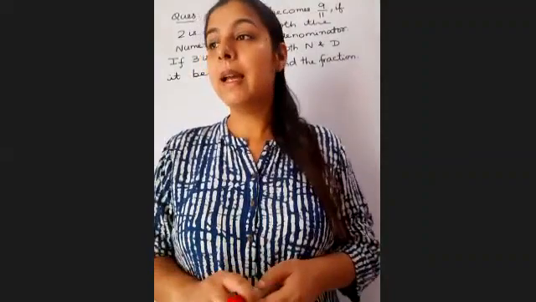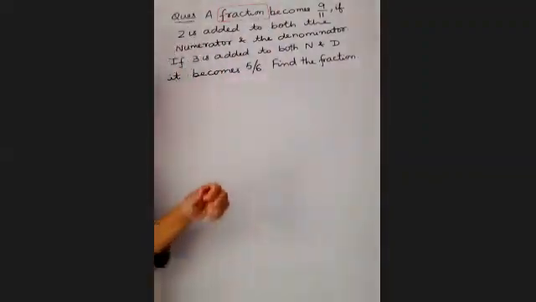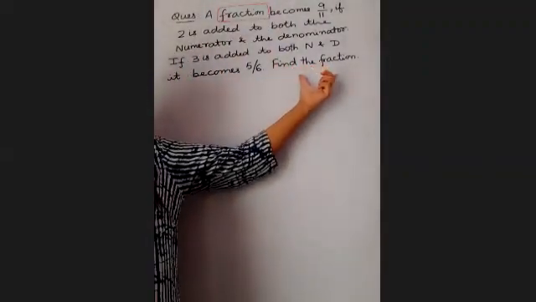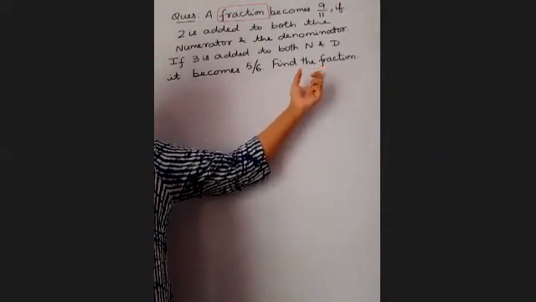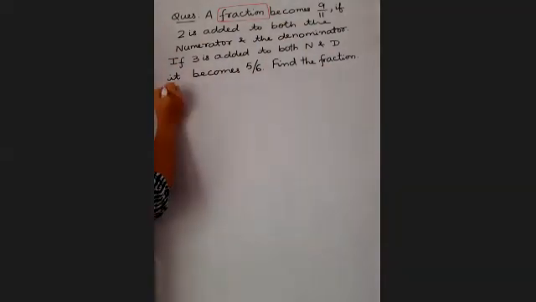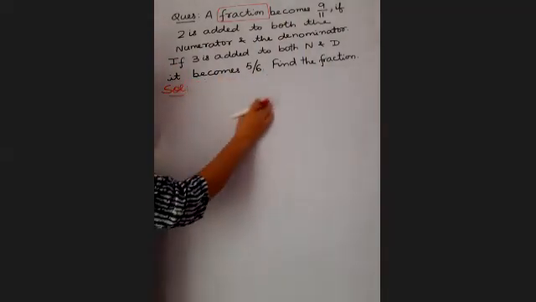Okay, beta. As I have always suggested you, look at the final statement and define unknown accordingly. The final statement is asking us to find the fraction. So let us first of all define the fraction. I will not be saying like numerator with this or denominator with this.